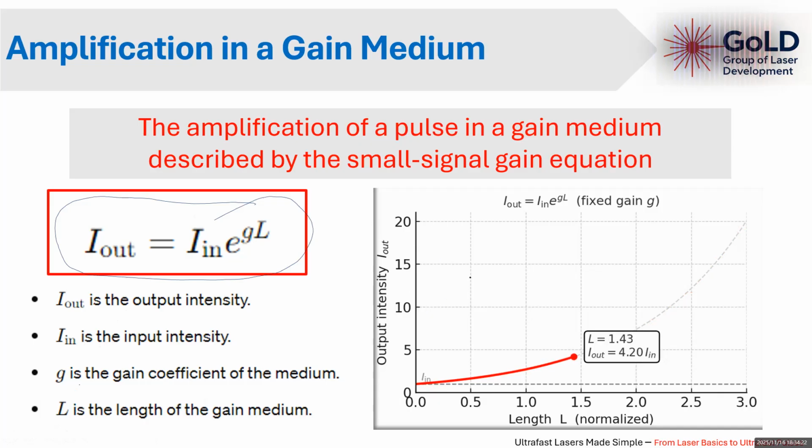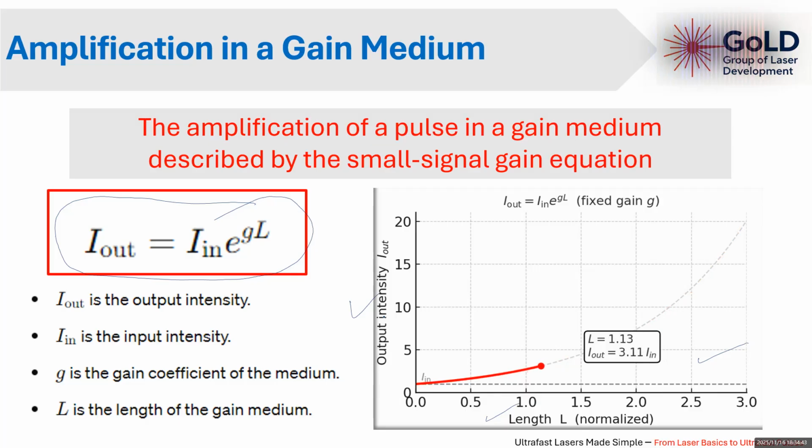On the right side, you can see the plot. This plot is length versus output intensity. As the length increases, output intensity also increases. But this is a very, very simplified case. Actually, it's not like this.